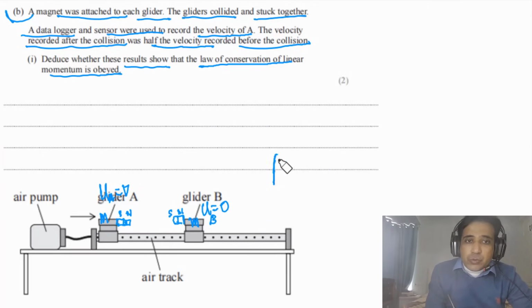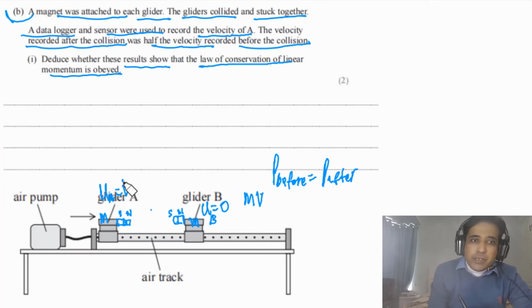Now if we use conservation of momentum, momentum before has to be equal to momentum after. Momentum before, we have M times V because the velocity of this one is V, so mV, and the momentum of this one is equal to 0.